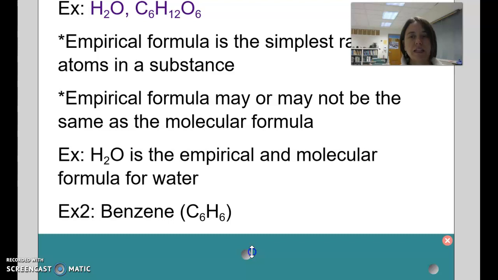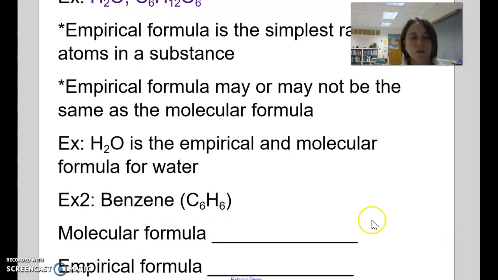So let's look at benzene, C6H6, and I want you to tell me what is the molecular formula, the exact number and exact type of atoms, and then what is the empirical formula, so the atoms in lowest terms. So I'd like you to fill that out, please.